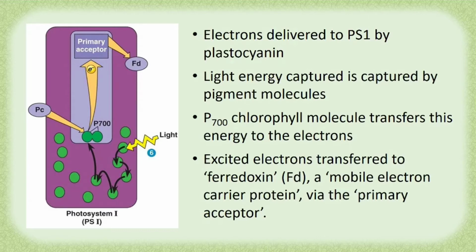The electrons get a fresh boost of energy, and once again they're passed on out of the chlorophyll in the centre, the P700 in this case, to the primary acceptor and delivered on to another mobile carrier protein, this time called ferredoxin. So it's going to take them on for the now final stage in their journey.